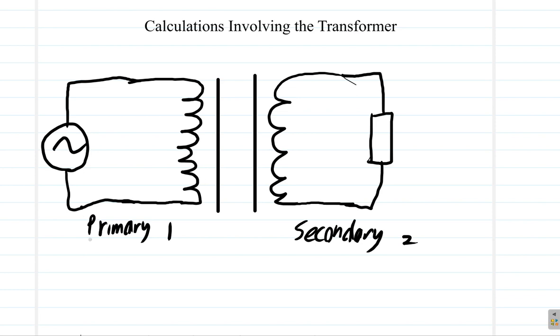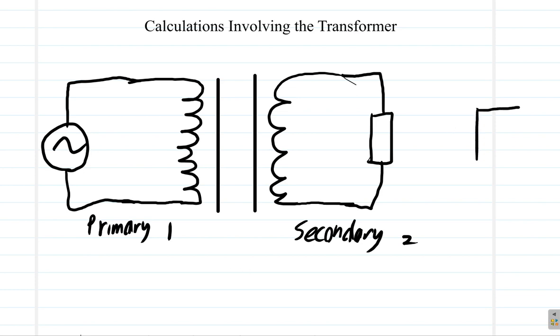Now, when you wrap the conductor in the form of a solenoid or a coil, you have a concentration of those magnetic flux here on the primary side. You wrap a certain number of turns on the coil.